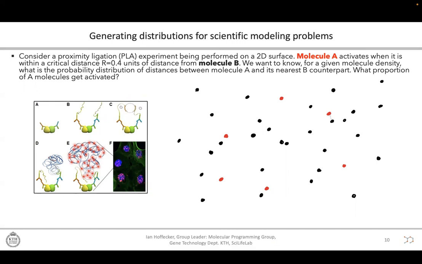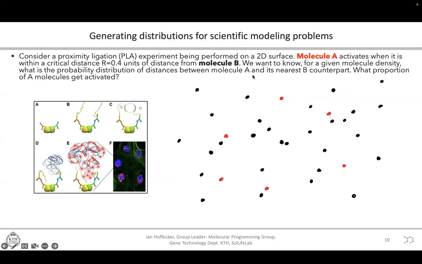A proximity ligation assay is a technique where you're trying to detect if two things are close to each other in space. In this example, we have some molecule A that activates when it's within some critical distance, r equals 0.4 units, of molecule B. We have the black dots, molecule B, and the red dots, molecule A.